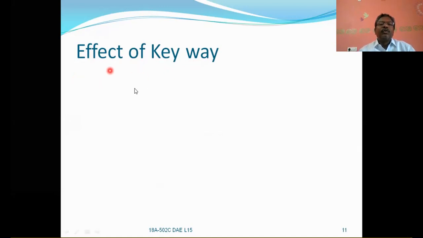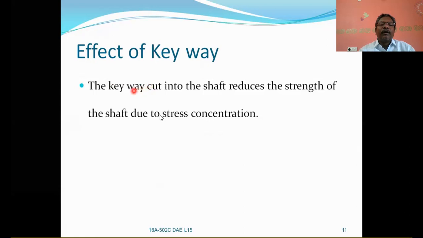Cutting the keyway into the shaft reduces the strength of the shaft due to stress concentrations. The stresses are concentrated mainly at the keyway, because the weakest part of the shaft is the area where the keyway is cut. That is why the strength of the shaft reduces at the keyway.